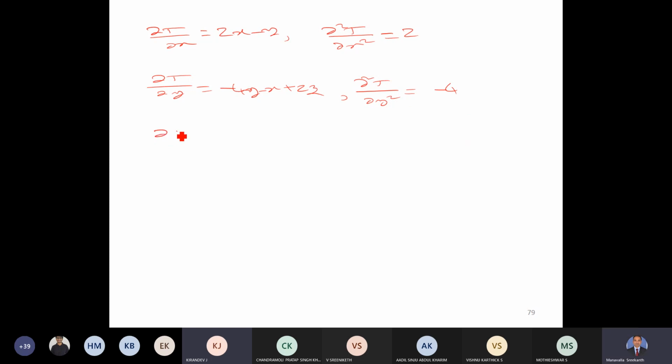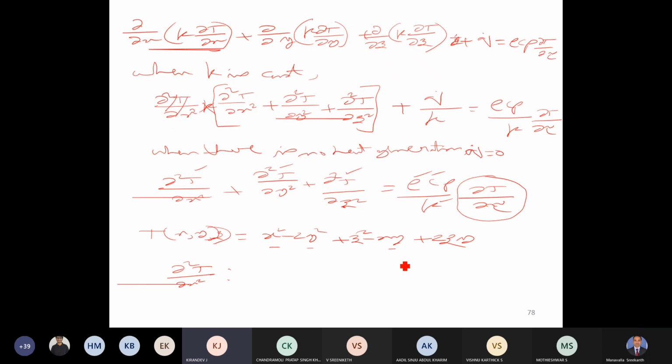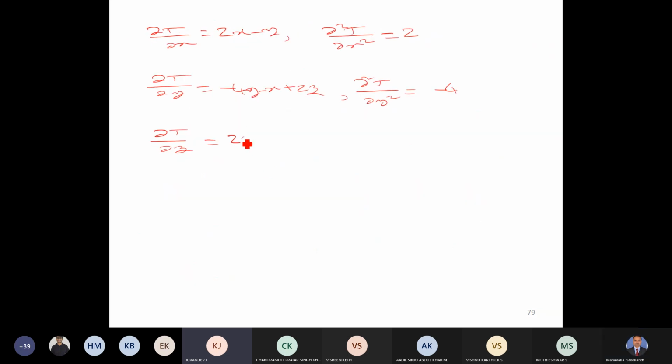Similarly, ∂T/∂z will be 2z plus 2y, and ∂²T/∂z² will be 2.